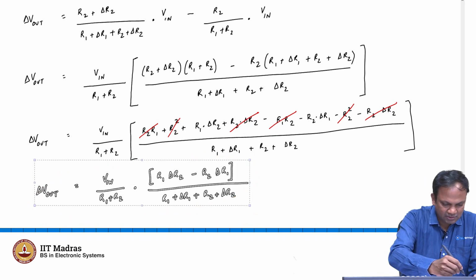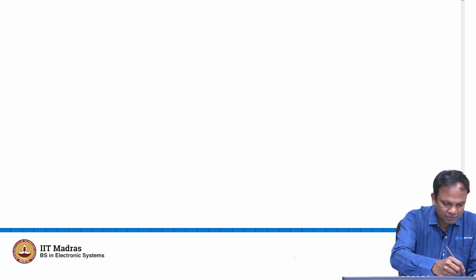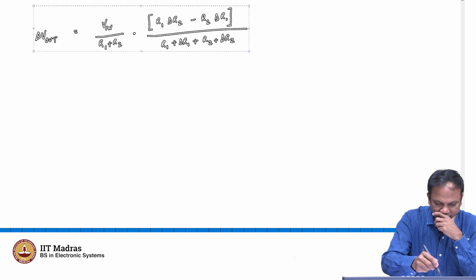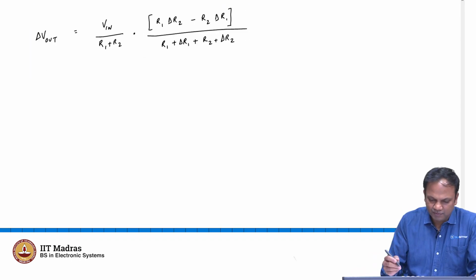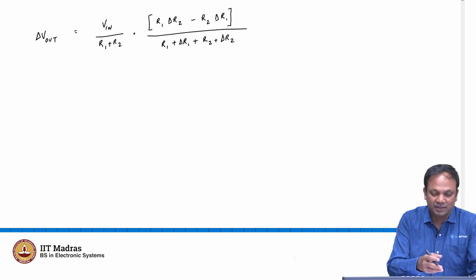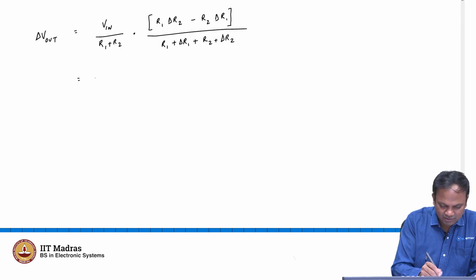I am just going to go to a new page. So let us start from here. What I am going to do is, and it will be obvious why in a minute, multiply numerator and denominator by R2 here. So this is V in into R2 by R1 plus R2.